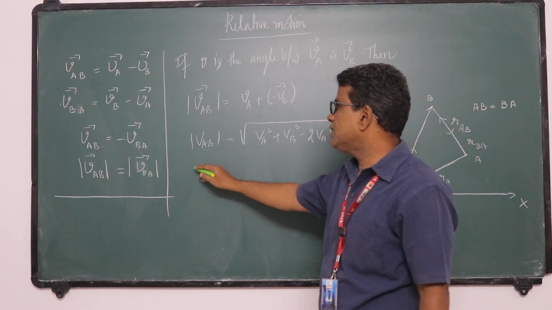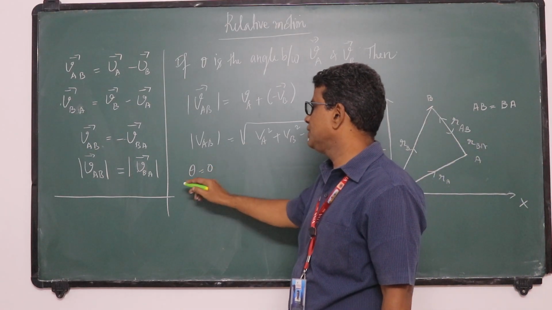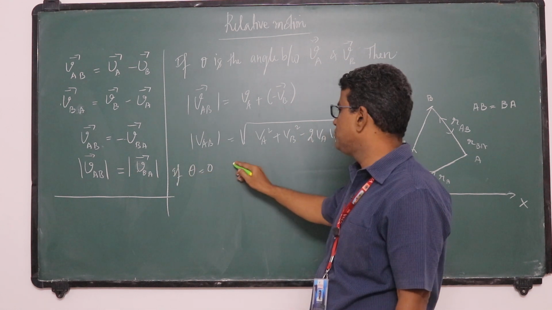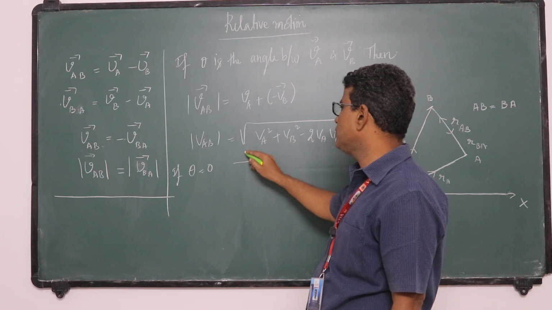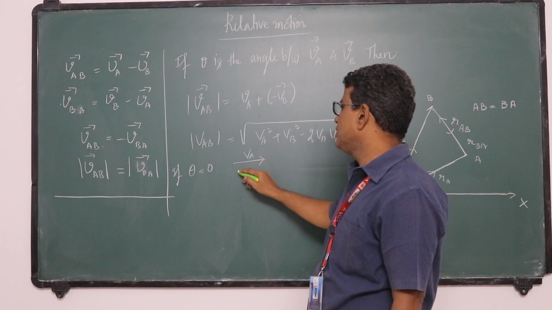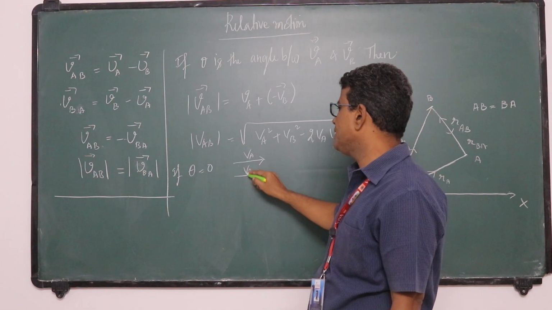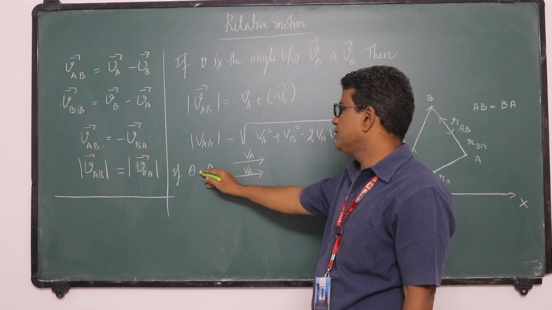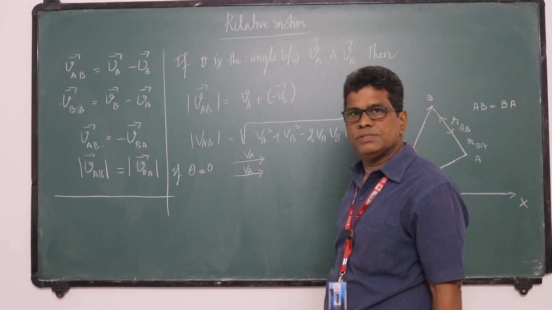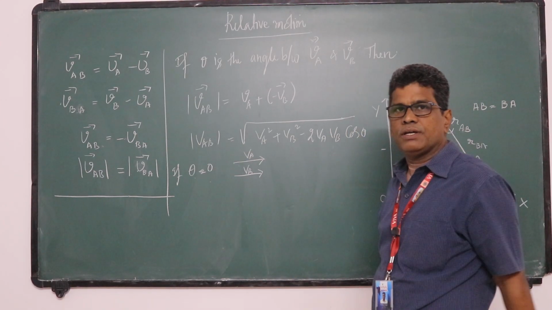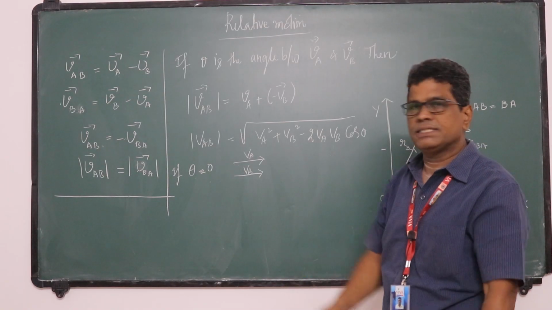Case 1: if theta is 0, that means both particles are moving in the same direction with speeds VA and VB. So the angle between them is 0. Suppose two trains are moving on parallel tracks side by side.